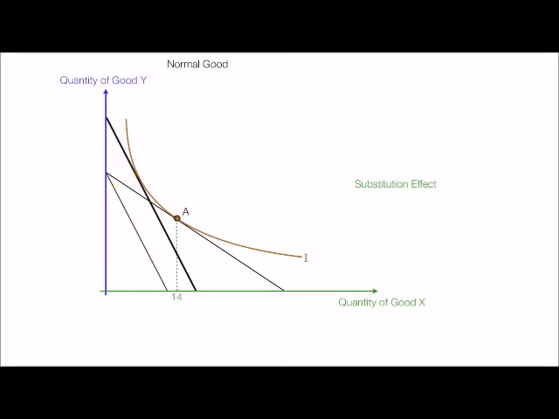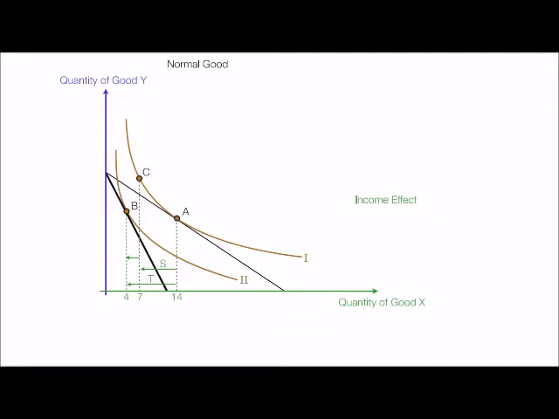I move along the first indifference curve to that point right there, and I'll label that point C. And the consumer now consumes 7 units of good X. And that is going to be labeled S for substitution effect. I will move the budget line back right there. The remaining distance, I'll label I for the income effect.